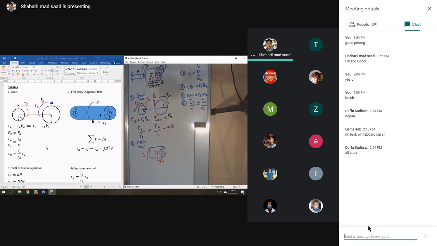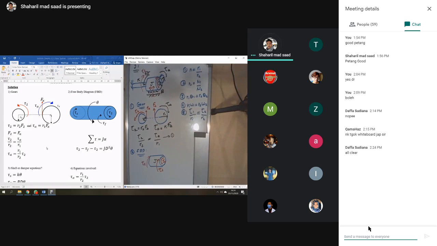Now you will have the summation of torque equal to J alpha, and going down is positive. Why do I choose this? Because I look at the torque applied to the inertial body, so this will be the input.